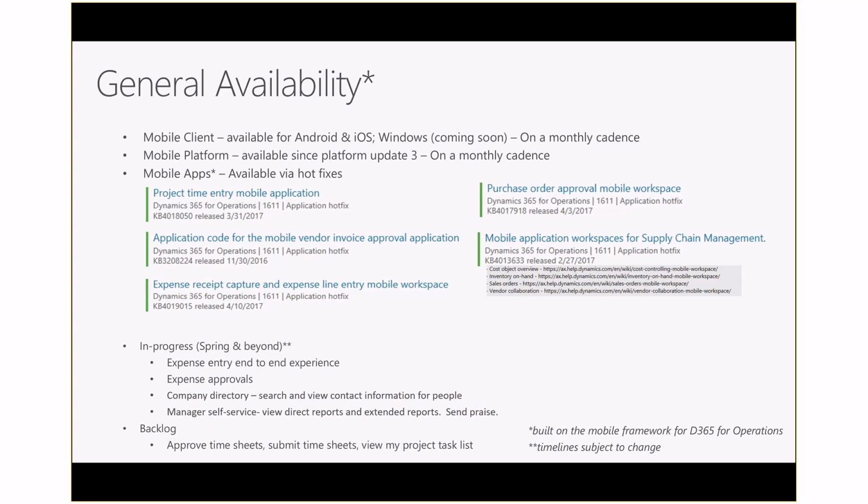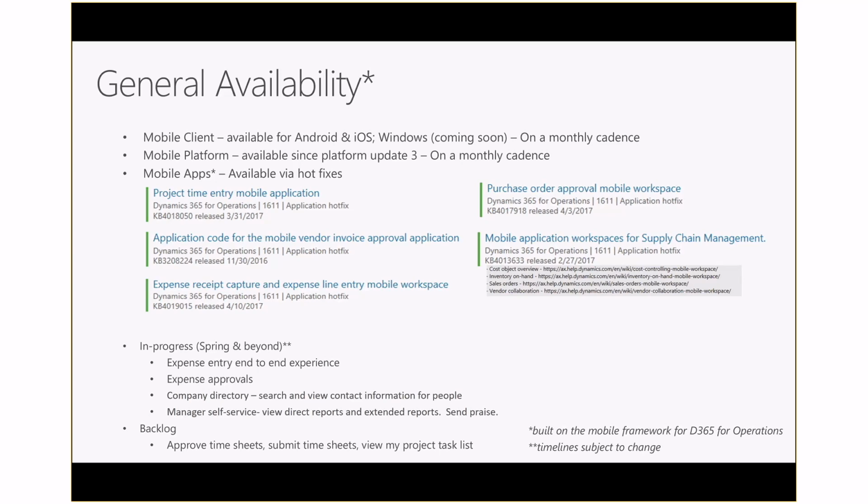A costing workspace, an inventory on hand workspace, sales order, and vendor collaboration. So all these 4 workspaces are part of the same hotfix, which is available for download in LCS. So this is the current landscape in terms of what is already available for us to go and start using it, start playing with it.